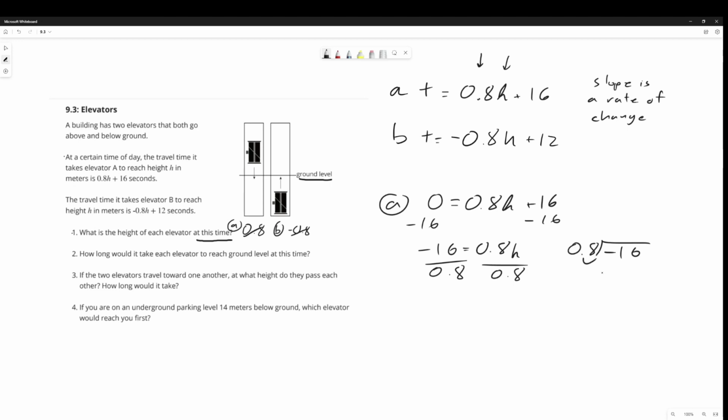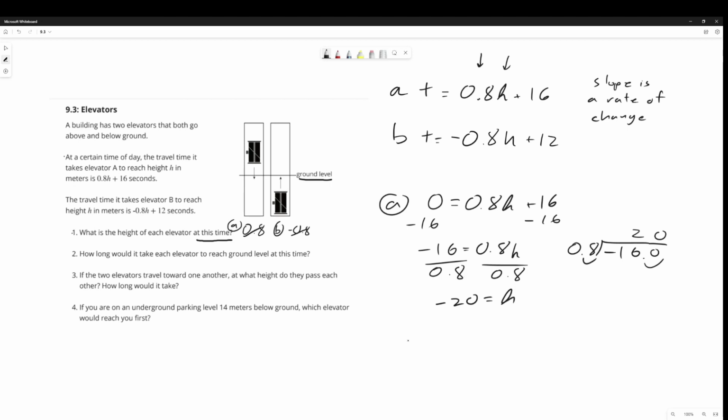So I'm going to change that to a whole number by multiplying by 10. I'm going to do the same thing here. So really, it's negative 160 divided by 8. 8 goes into negative 160 20 times, and it's going to be negative, so negative 20 equals h. So elevator A is going to be 20 meters below ground level.